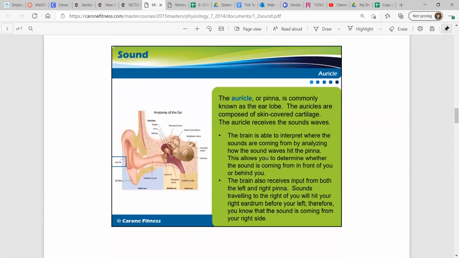The auricle or pinna is commonly known as the earlobe. The auricles are composed of skin-covered cartilage. The auricle receives these sound waves. The brain is able to interpret where the sounds are coming from by analyzing how these sound waves hit the pinna.